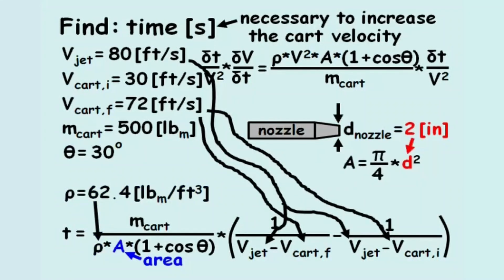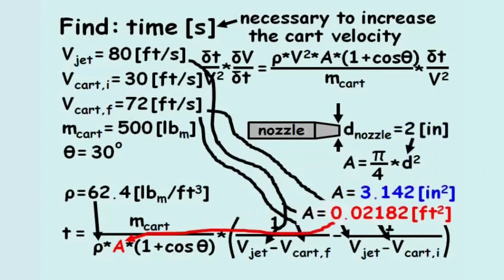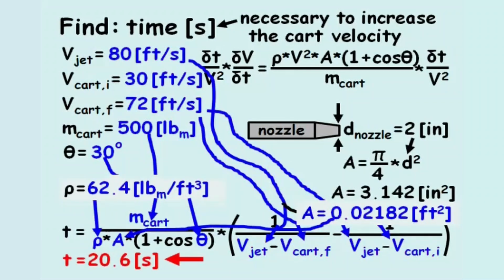Therefore, the area of the jet stream equals 3.142 inches squared, which is the same as 0.02182 feet squared after converting. Solving for the time, t, we compute that it takes 20.6 seconds for the cart to get up to 72 feet per second.